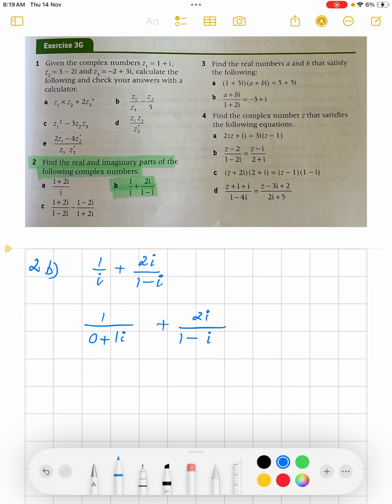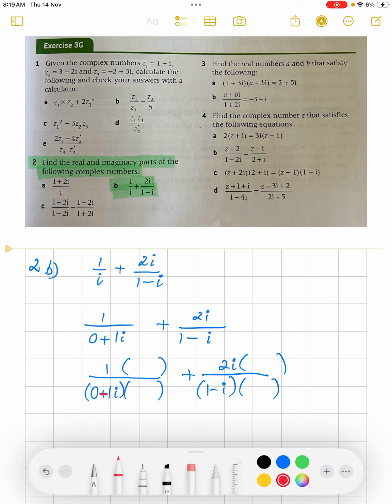Let's take the first fraction and multiply it by its conjugate on the top and the bottom, the conjugate of the denominator, and take the second fraction and multiply it by its conjugate.